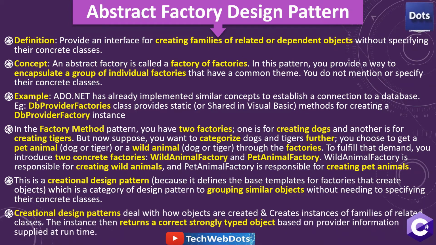We will see all these points in the implementation just after a few seconds. Creational design patterns deal with how objects are created and create instances of families of related classes. The instances then return a correct, strongly typed object based on provider information supplied at runtime. I hope these points are clear. Let's move next.